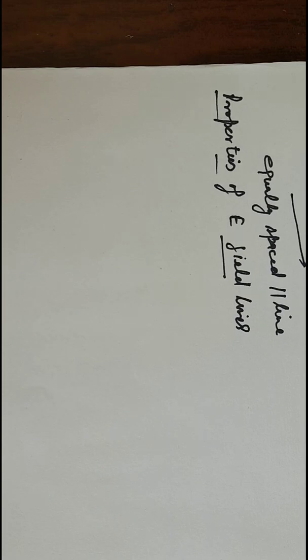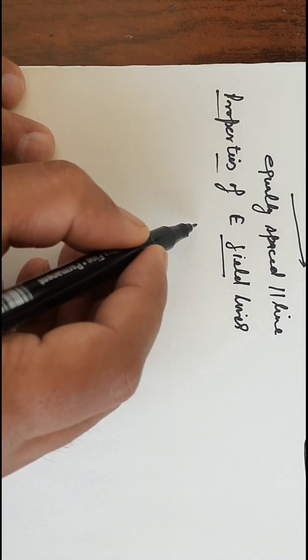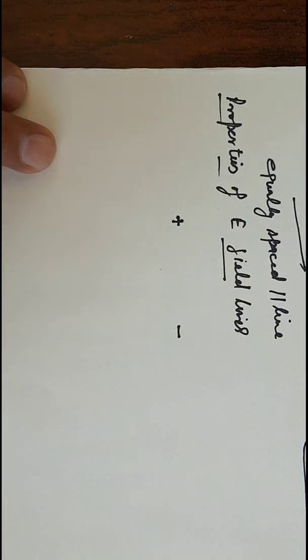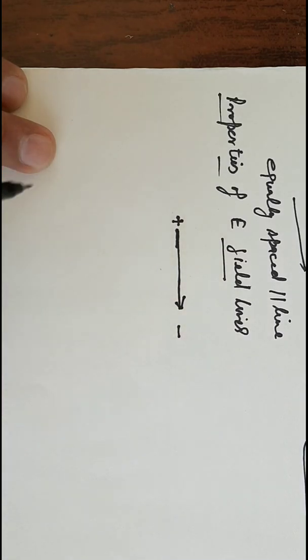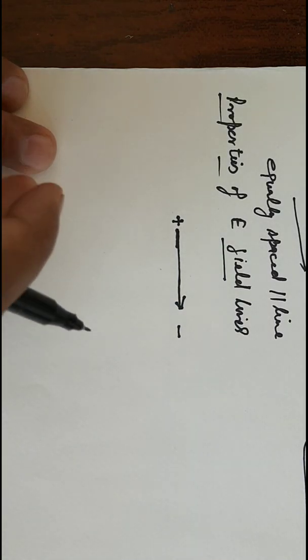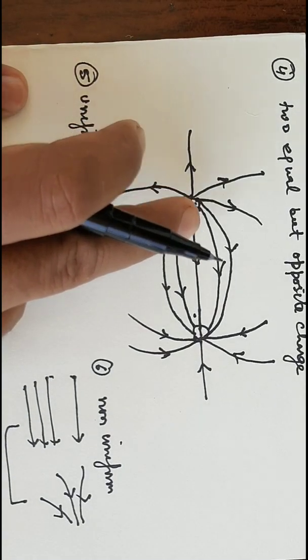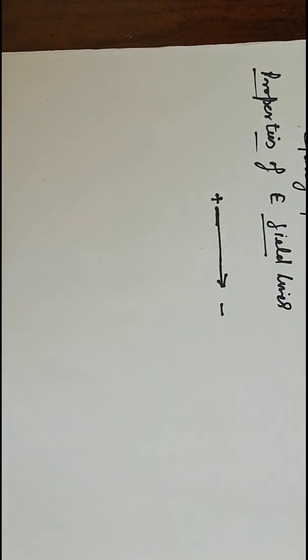Electric field lines start from a positive charge and end at a negative charge. If a single charge is available, then it extends to infinity. We have already discussed that if you have two opposite charges, then the electric field lines start from the positive charge and end at the negative charge, as in the case of this dipole.